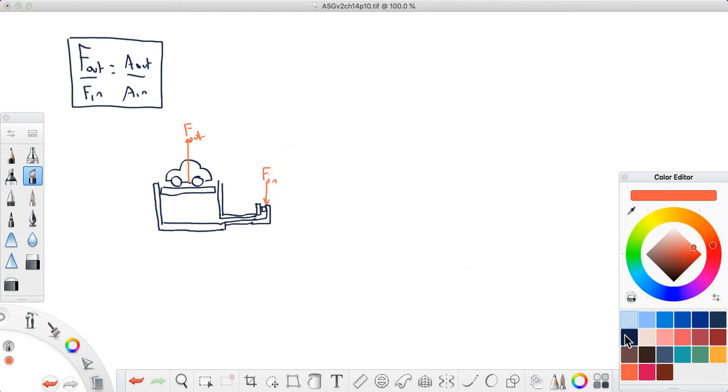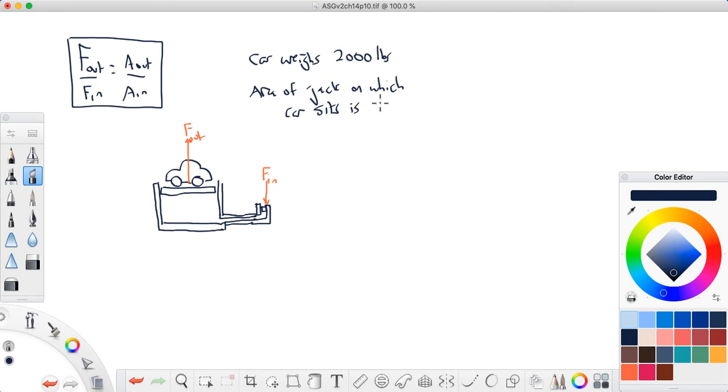So let's suppose that I were to tell you that the car weighs 2,000 pounds, and the area of the jack on which the car sits is, let's say, maybe 40 square feet.